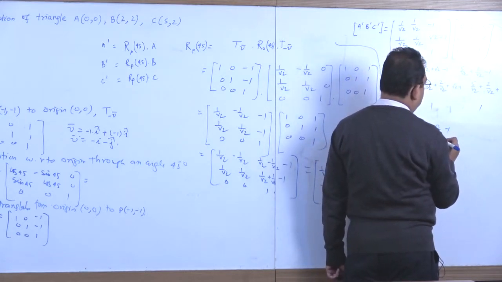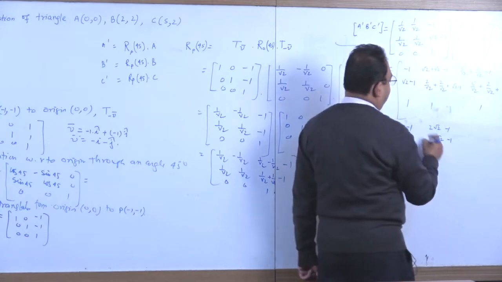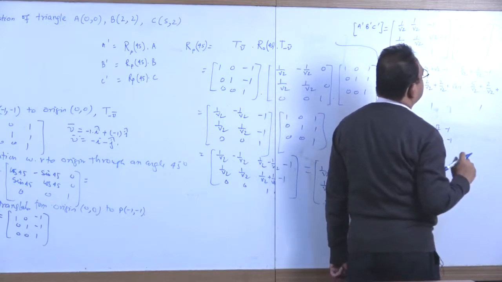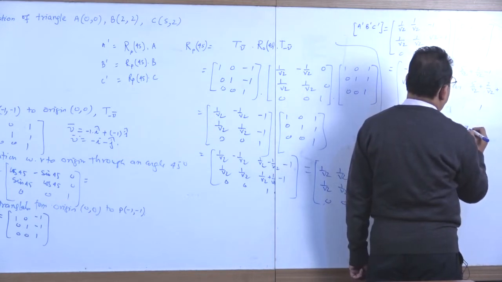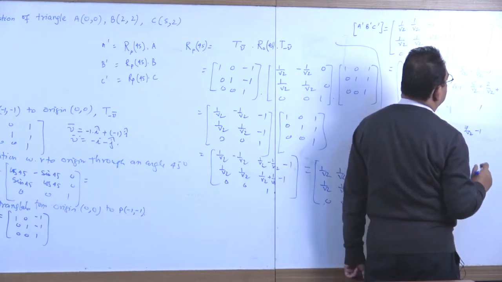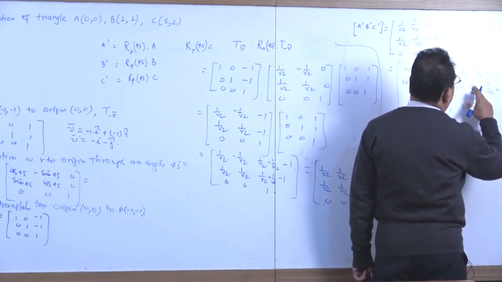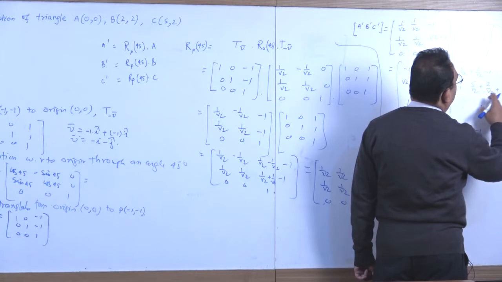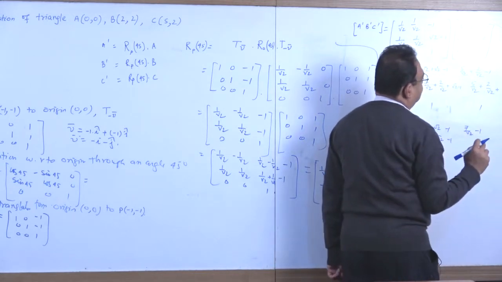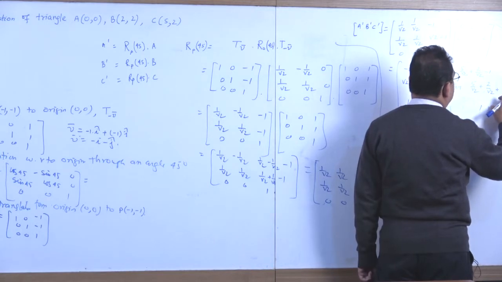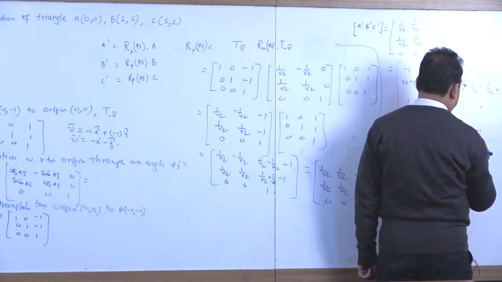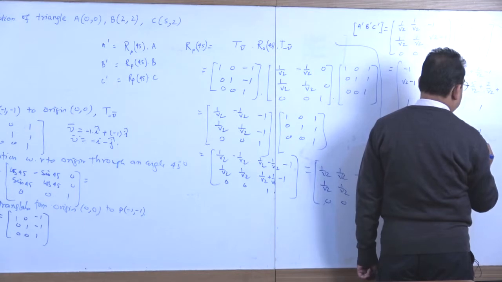So, this is root 2 plus 2 root 2, that is 3 root 2 minus 1, 3 root 2 minus 1, and this is 1, and this is 5 by root 2, 7 by root 2, 7 by root 2 minus 1, this is 7 by root 2 plus root 2, that is 7 by root 2 plus root 2 minus 1, and this is 1.